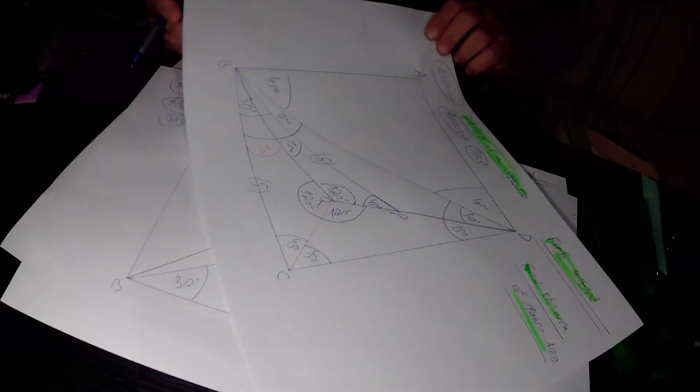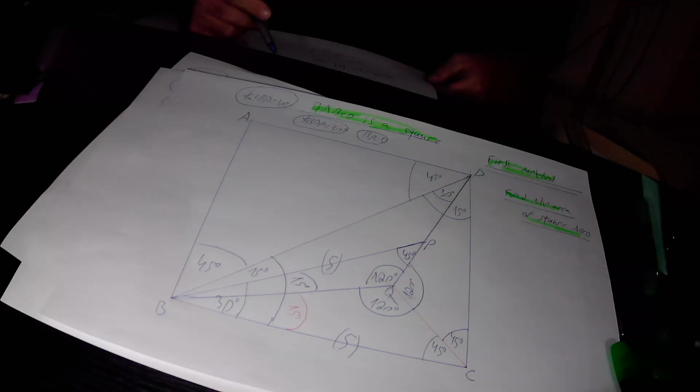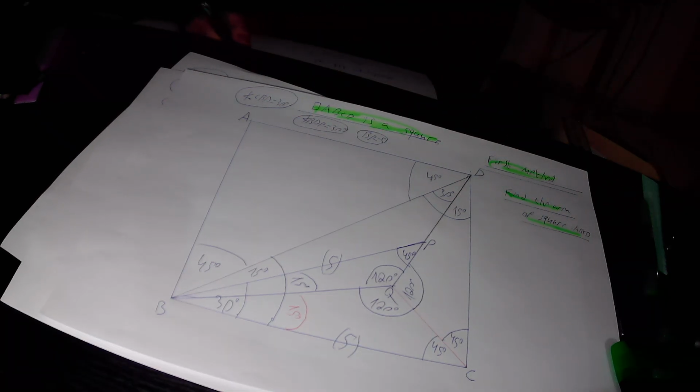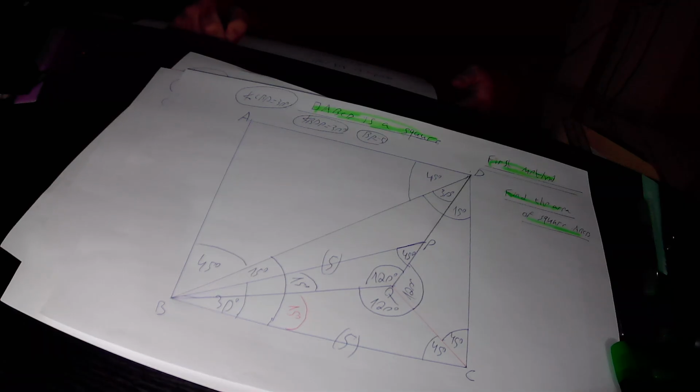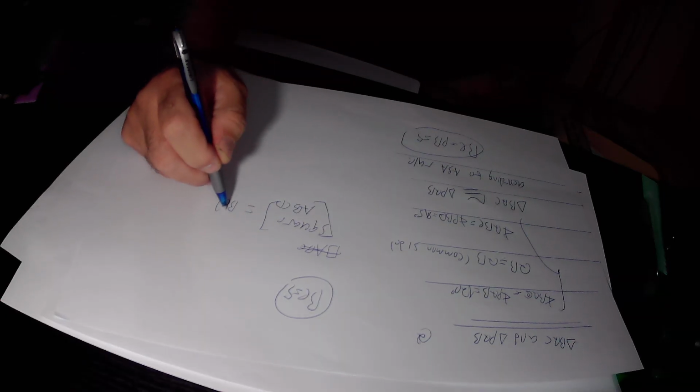Our task is to find out the area of this square ABCD. You know that the area of any square equals the length of one side squared. So the area of square ABCD is BC squared.